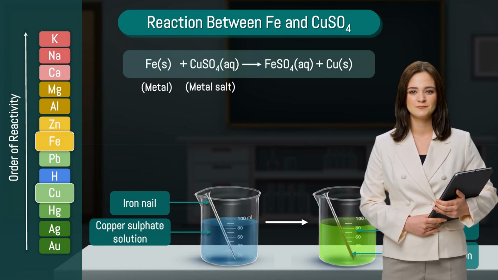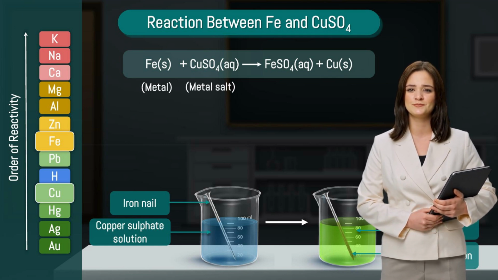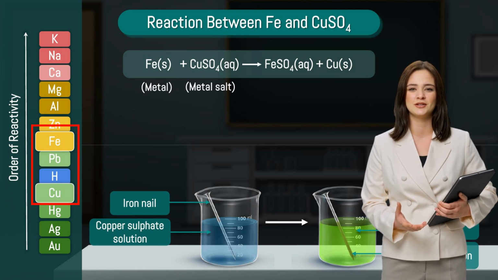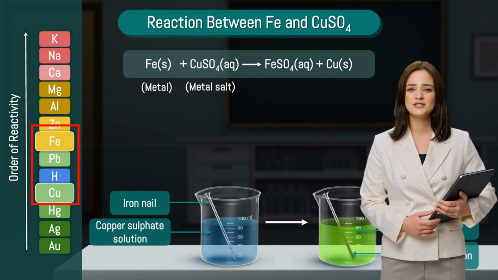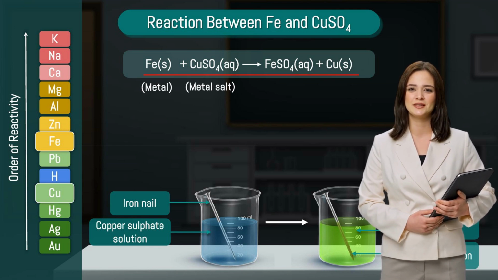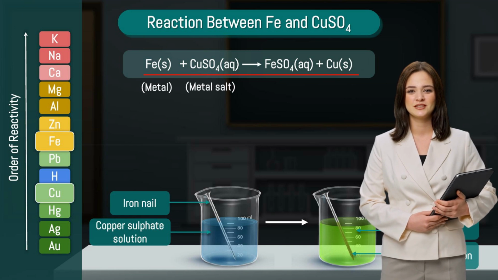At the same time, a brown layer of copper metal gets deposited on the surface of the iron nail. This happens because iron is more reactive than copper, so it displaces copper from copper sulfate solution. The reaction can be written as Fe plus CuSO4 gives FeSO4 plus Cu.